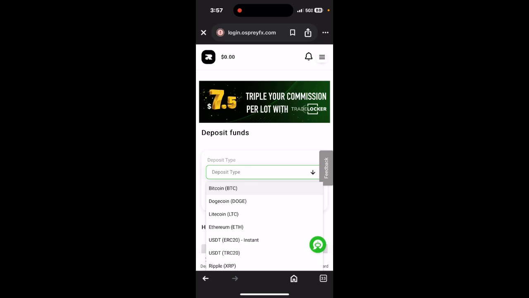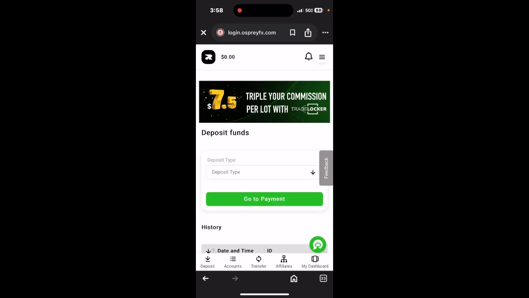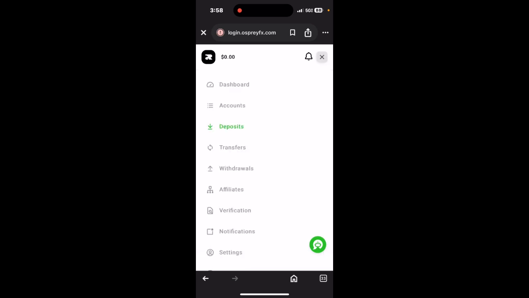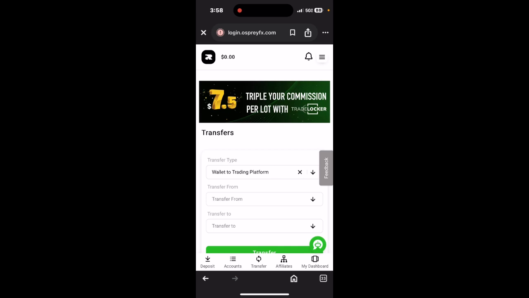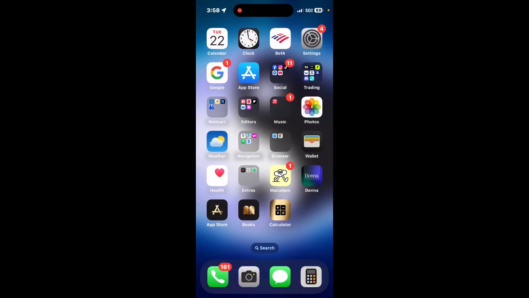The easiest thing to do is really just buy Litecoin or Ripple, have it convert back into USD, and then transfer that into an account. So once that's there, just hit transfer, and you want to transfer it from your wallet to your Satoshi-based balance.